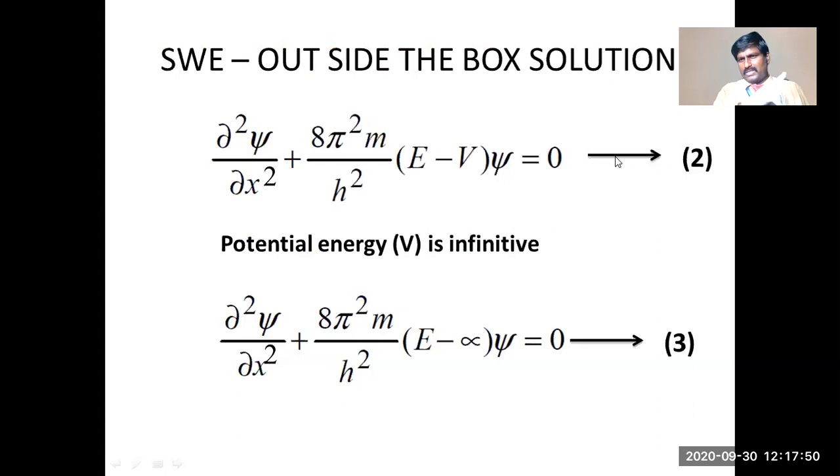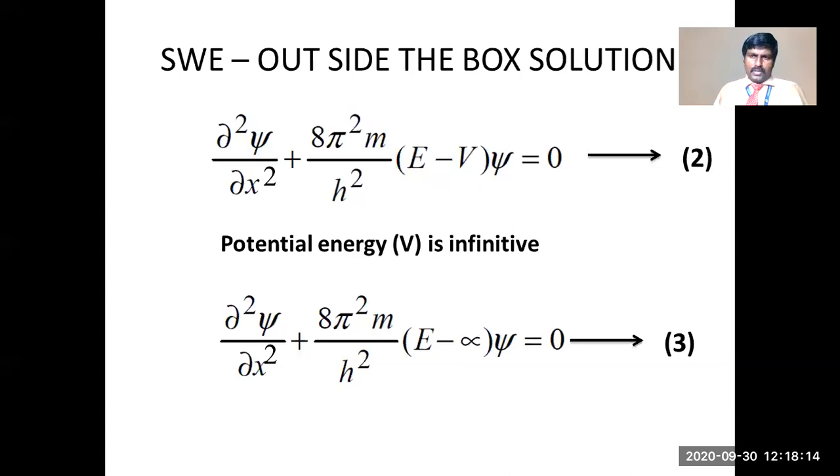Instead of writing H psi equals E psi, we are just writing the Hamiltonian operator, and we are getting directly the one-dimensional equation. This is the Schrodinger wave equation for one dimension, and since it does not depend on time, it is the Schrodinger time independent equation.